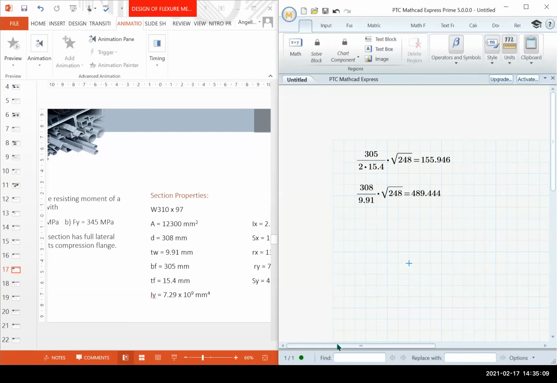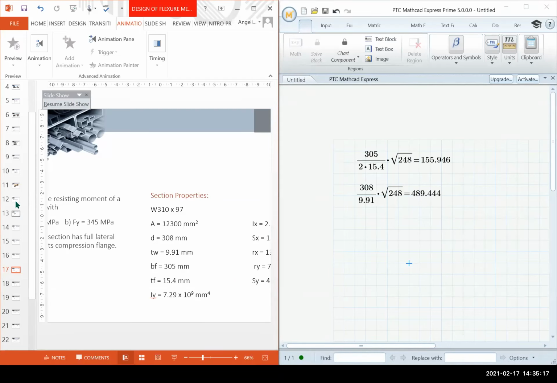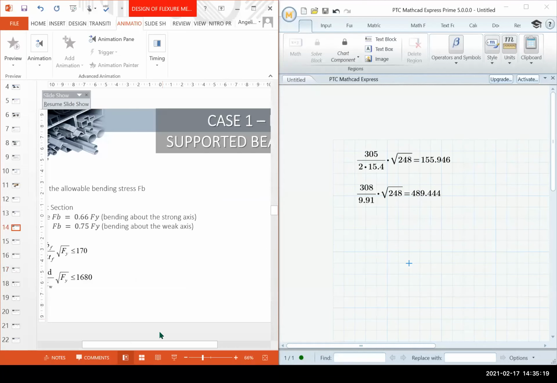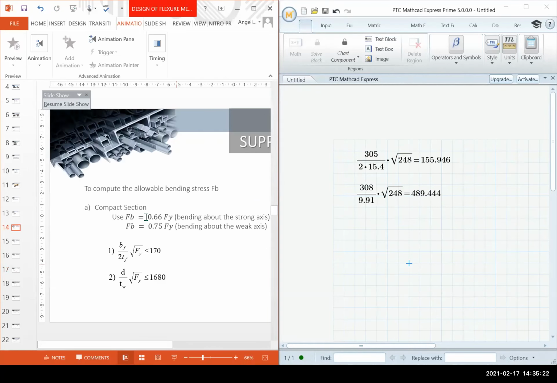Diba, kapag the section is compact, we can use FB is equal to 0.66 FY. Check natin, baka mali ako. Yan. So, if the section is compact, since na-satisfy niya itong dalawa, we can say that FB is 0.66 FY. So, lagay natin 0.66 multiplied by 248.